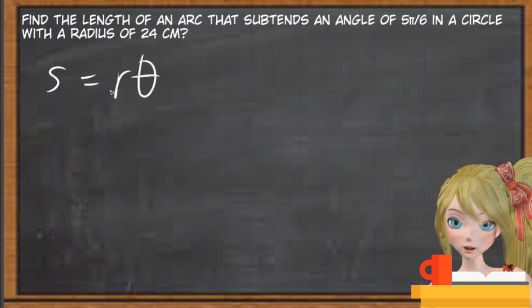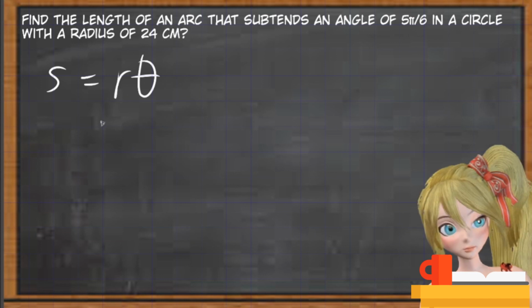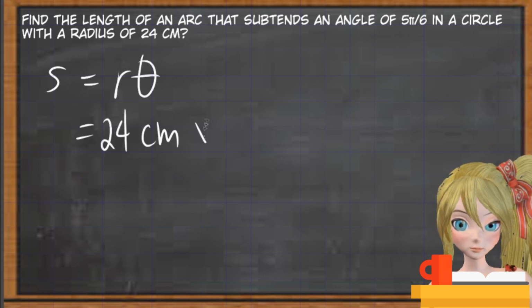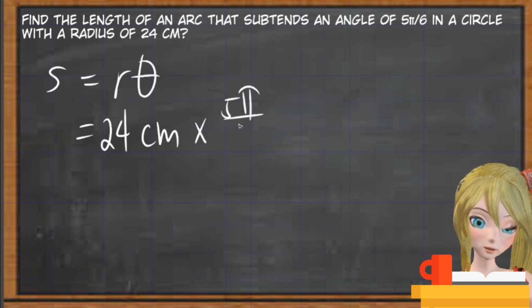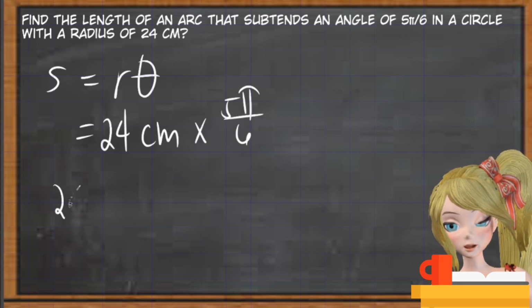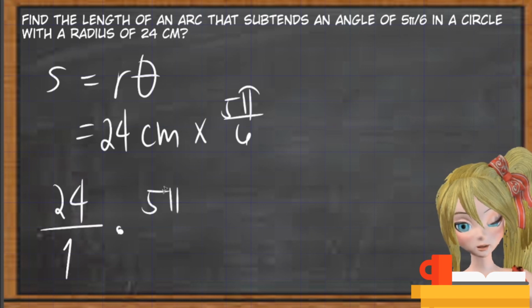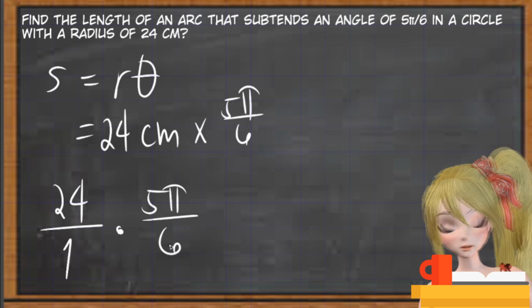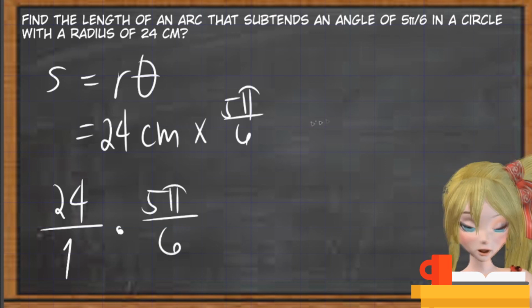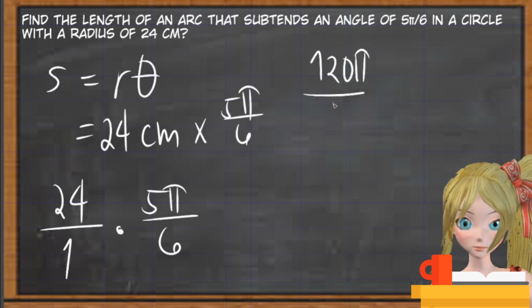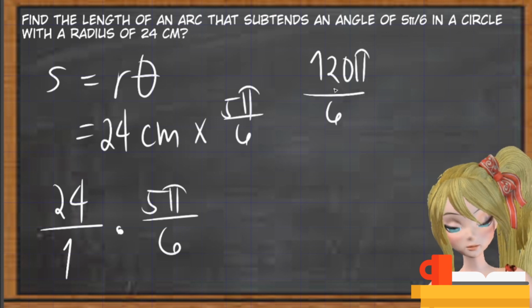Now, after this, you just gotta substitute the given into the formula, which would be 24 centimeters multiplied by 5 pi over 6. After this is just multiplication, so 24 over 1 multiplied by 5 pi over 6. And now it would be 24 times 5 pi, which is 120 pi. And 1 times 6 would be obviously 6.